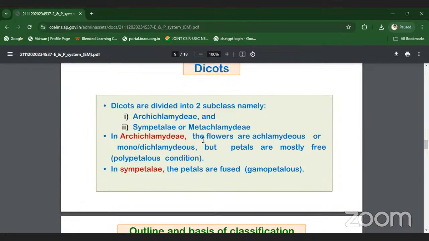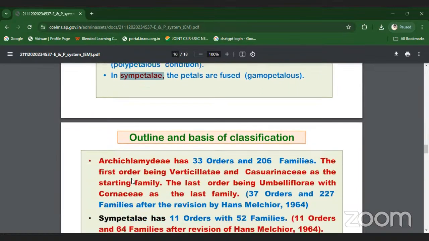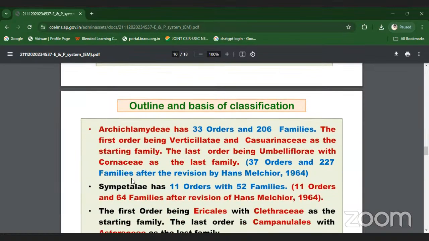So in Archichlamydeae, both the monochlamydeae and dichlamydeae are grouped into one, but apart from the monochlamydeae, in the dichlamydeae the polypetalous condition is present. In Sympetalae, petals are fused. So first Archichlamydeae, second Sympetalae, an outline of the basis of classification.